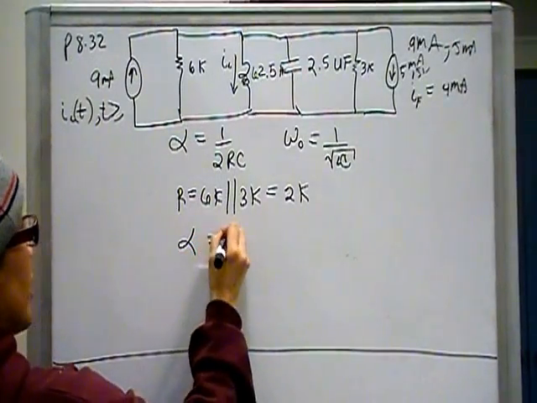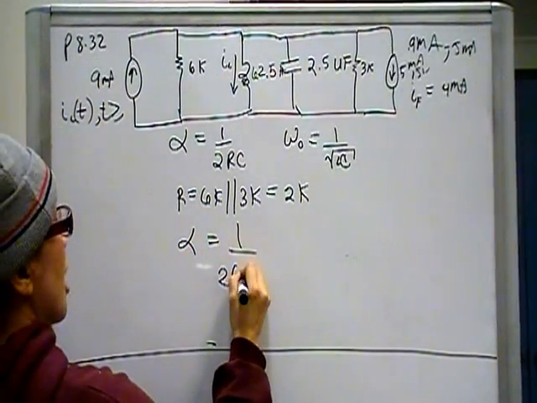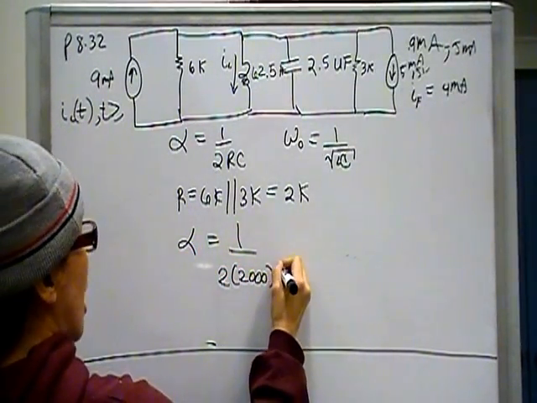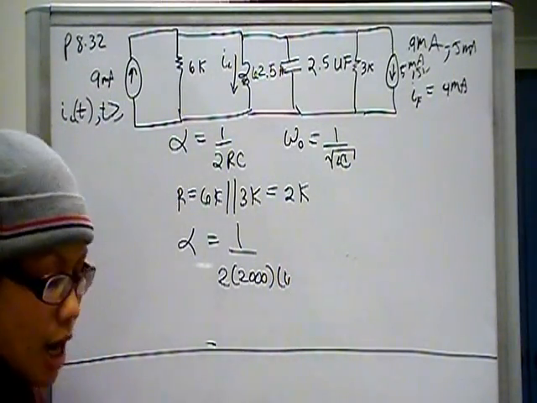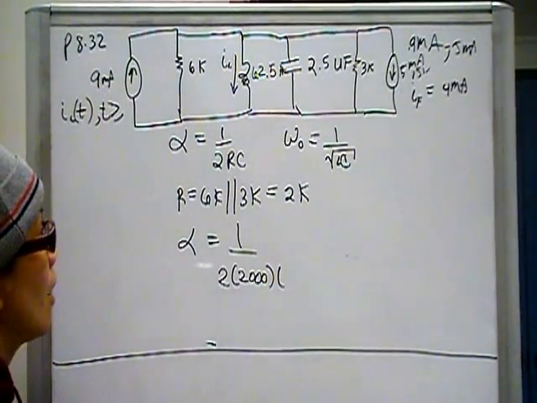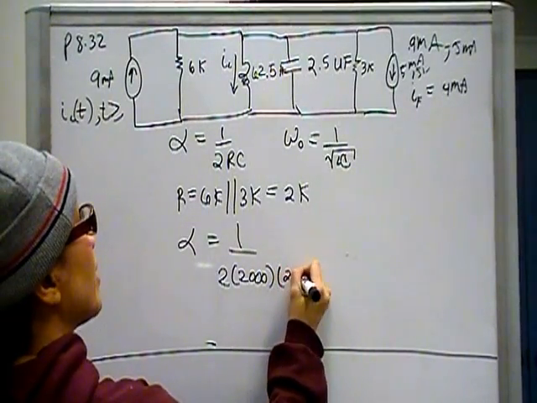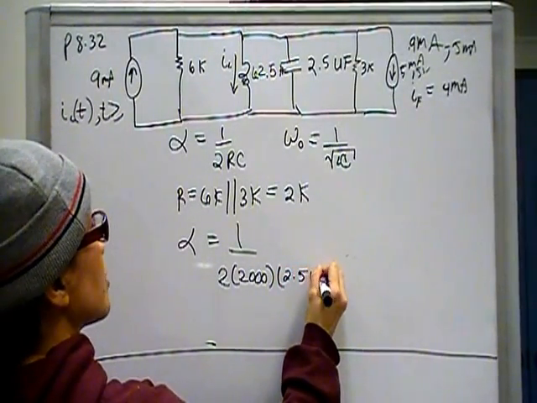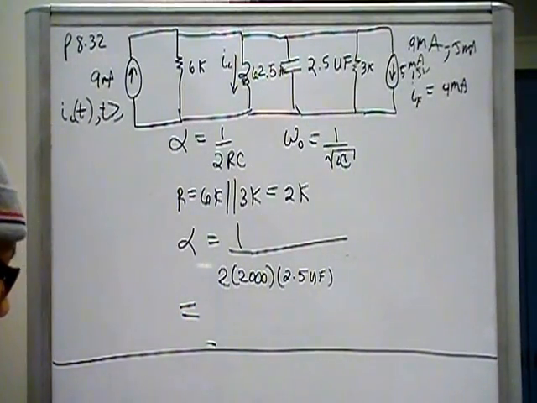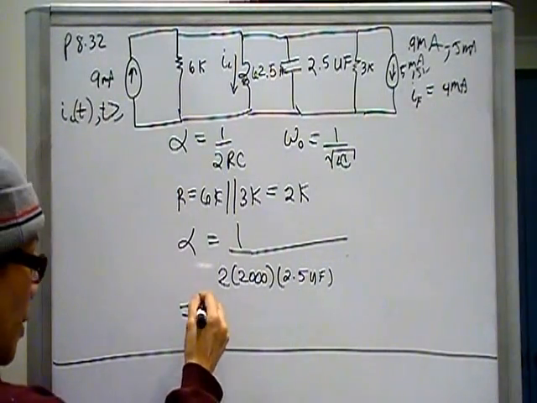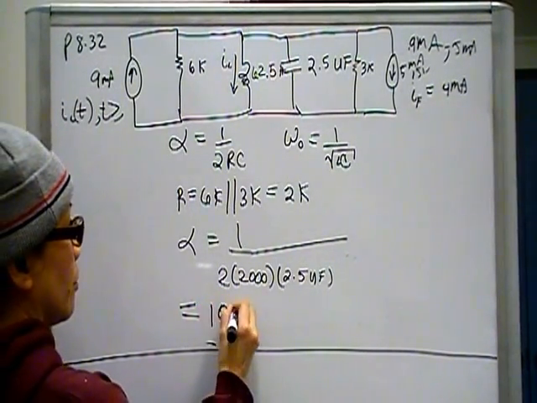That means alpha is 1 over 2 times 2,000 times 62.5, times 2.5 micro. Once you do that, I claim that you should arrive at a value for alpha of 100.